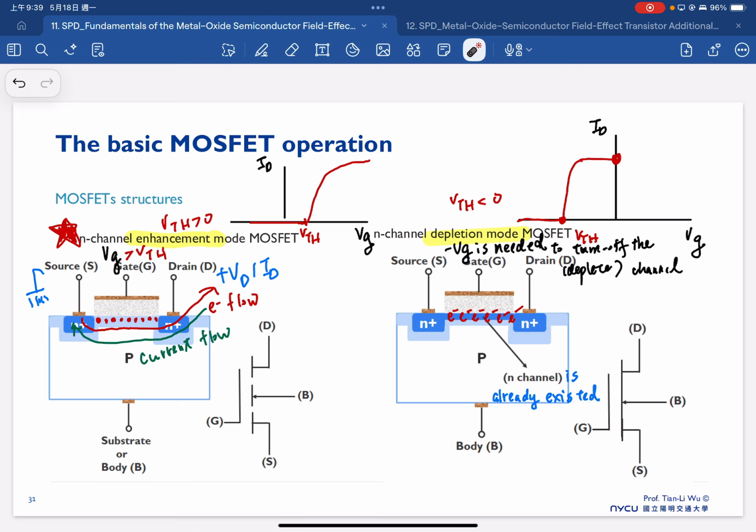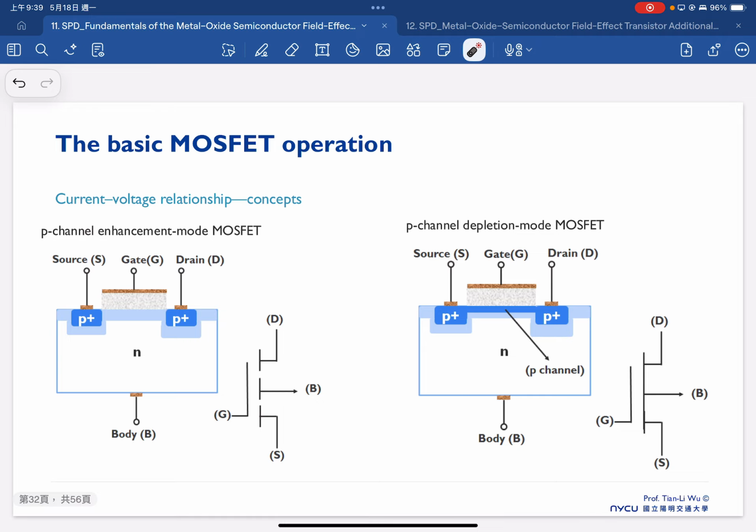So since we talk about P channel, for sure we can expect the same kind of device that we also have in the case of the P channel. In the P channel, we will have the P channel enhancement mode MOSFET, and then also the P channel depletion mode MOSFET here.